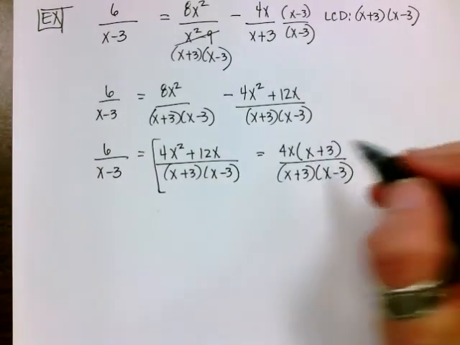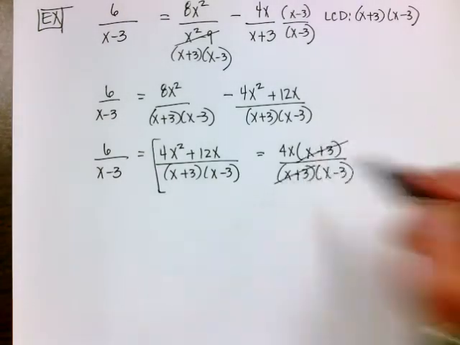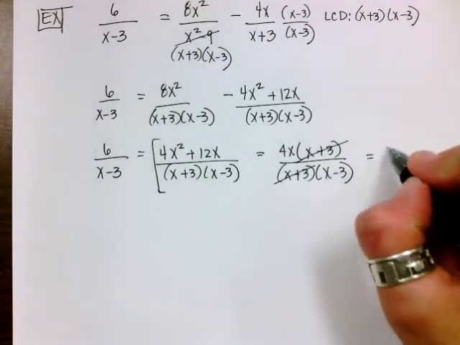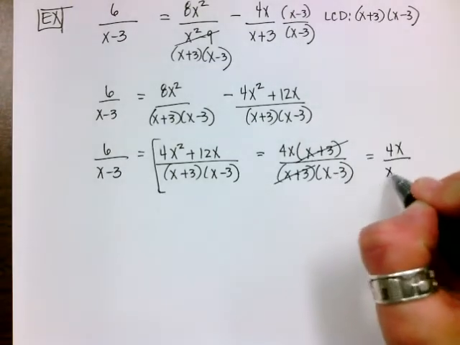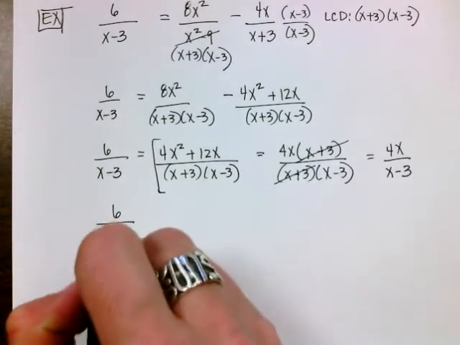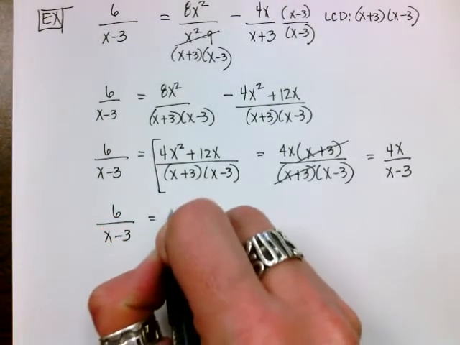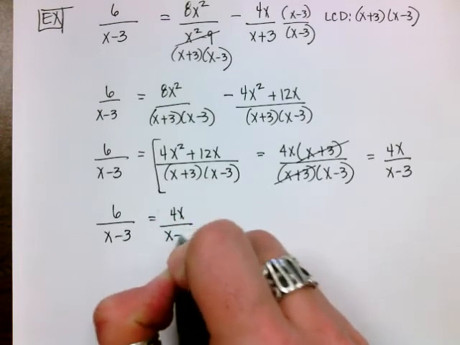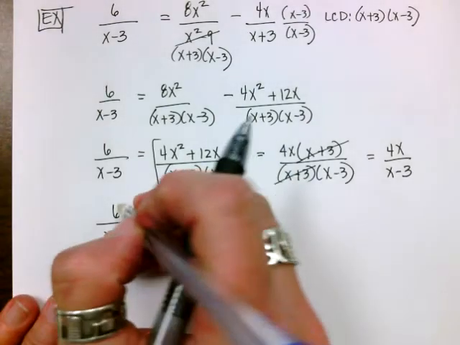So now my x plus 3's cancel, and I'm left with 4x over x minus 3. Okay? Alrighty. And I think I did that right. Okay? So now let me rewrite it so it's not spread out quite so far. I have 6 over x minus 3 is going to equal 4x over x minus 3.